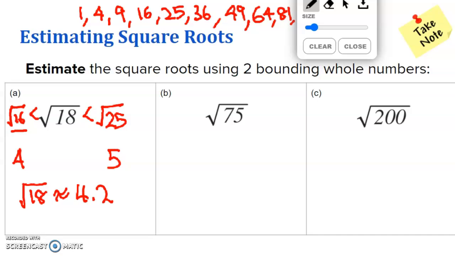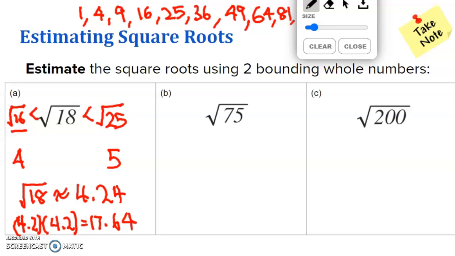Okay, and you can check your answer. If I multiply 4.2 times 4.2, I get 17.64. And if I use the calculator to figure out what square root of 18 is, it turns out to be 4.24. Okay, so my guess was pretty close.